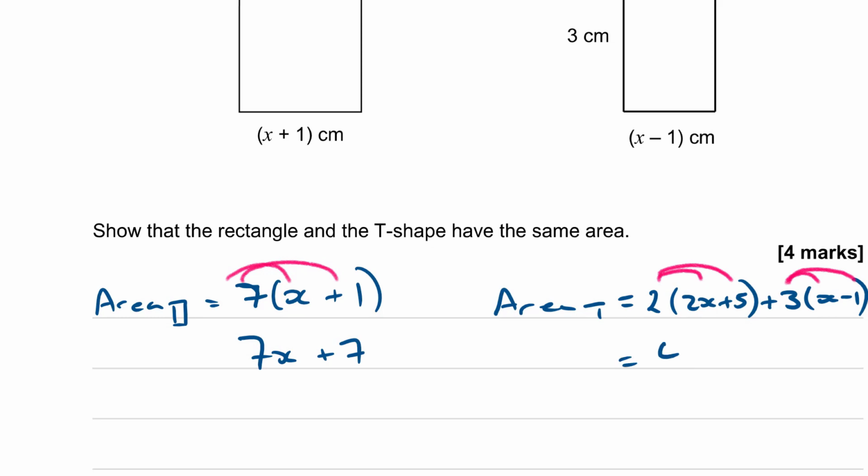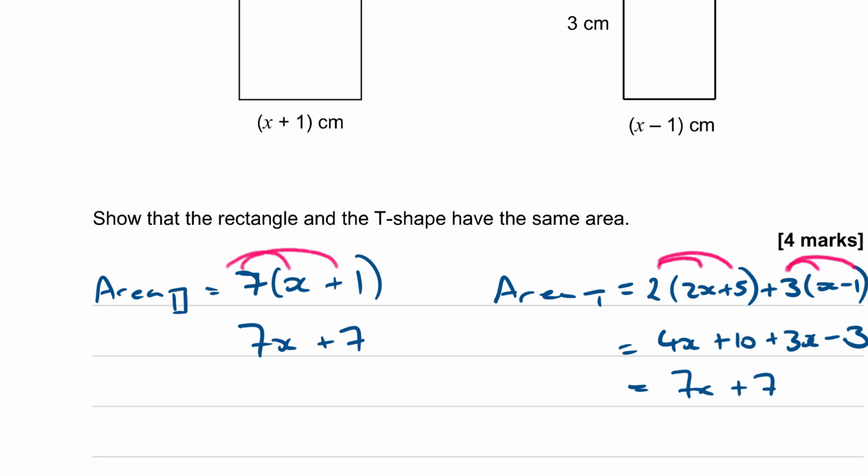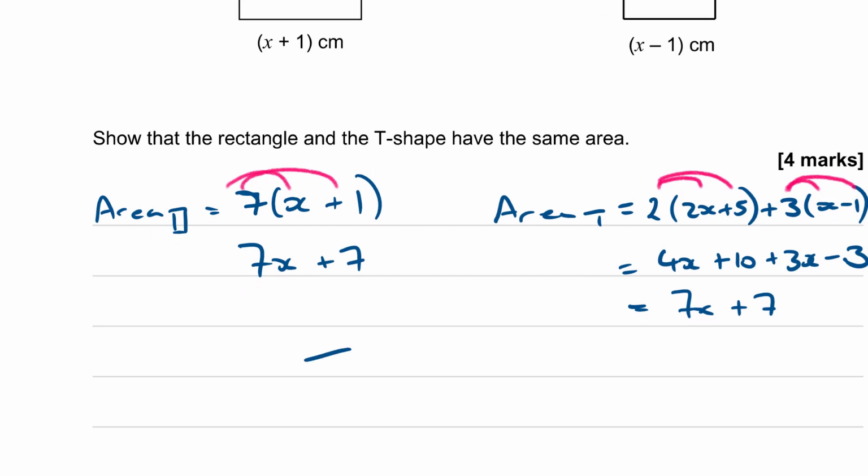So 2 lots of 2x is 4x, 2 lots of 5 is 10, 3 lots of x is 3x, and 3 lots of minus 1 is minus 3. So collecting the x's together, 4x and 3x is 7x, and 10 subtract 3 is 7. So you can see they are the same.